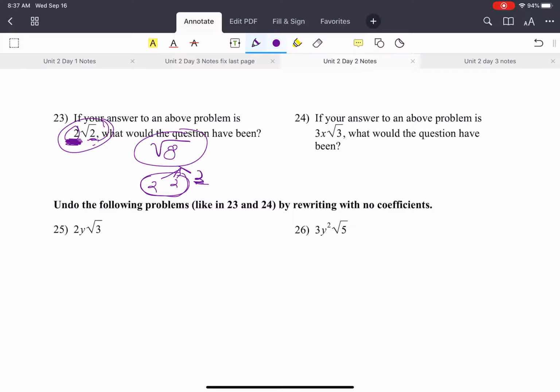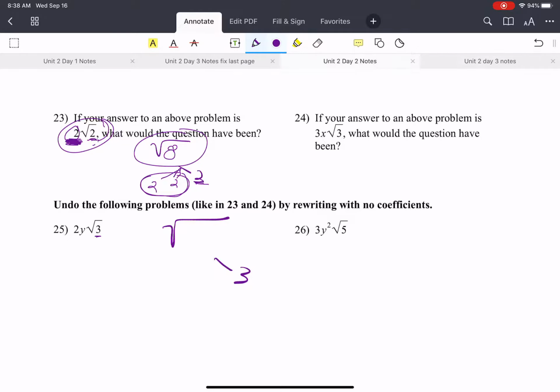Okay, let's try another one. Let's do 25. Because them both being 3s, I think, is what might be confusing you guys. So if I'm trying to figure out what the radical was before I simplified, the fact that there's still a 3 left over right here tells me how many 3s were in the radical. 1.